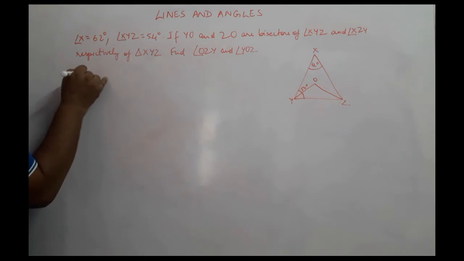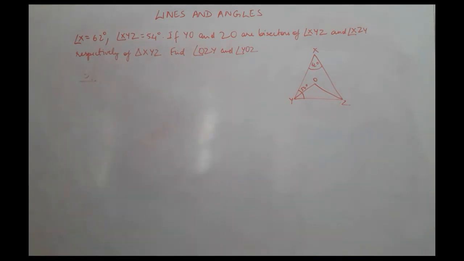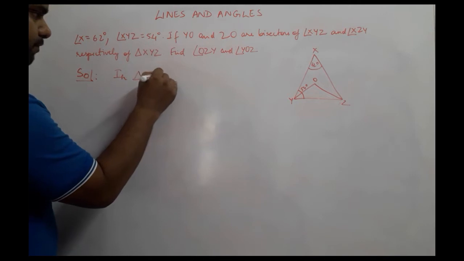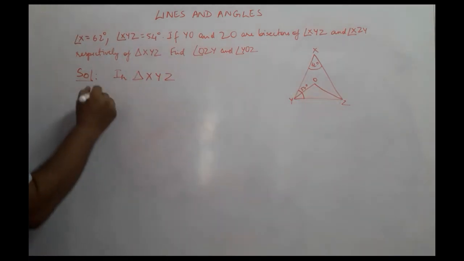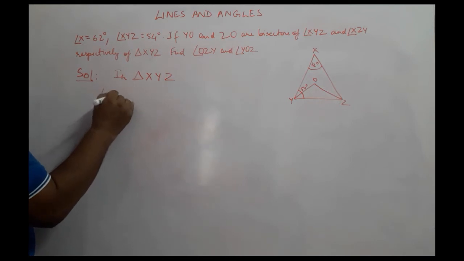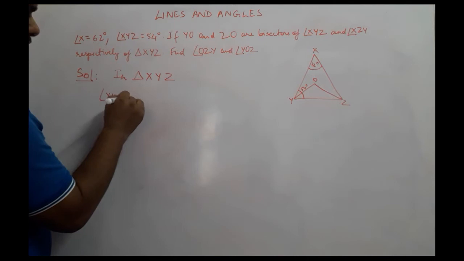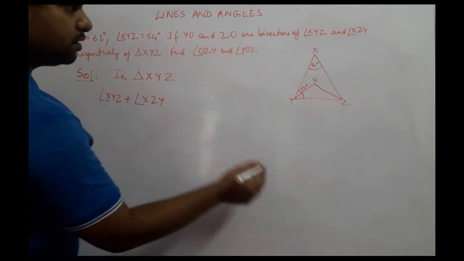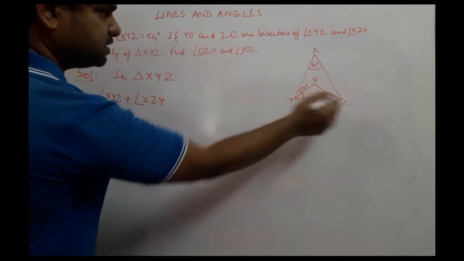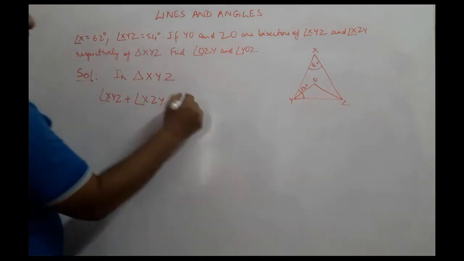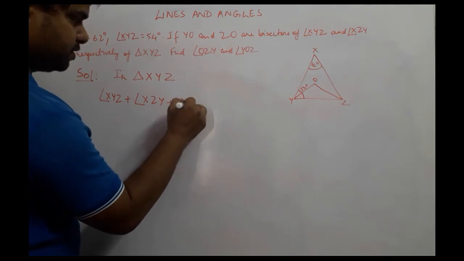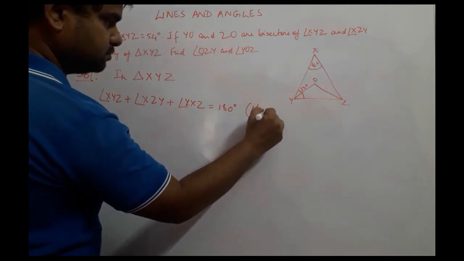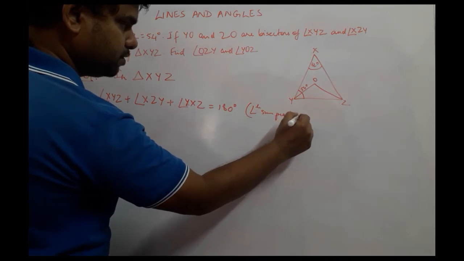So we say solution: in triangle XYZ, angle XYZ plus angle XZY plus angle YXZ is equal to 180 degrees, by the angle sum property of a triangle.